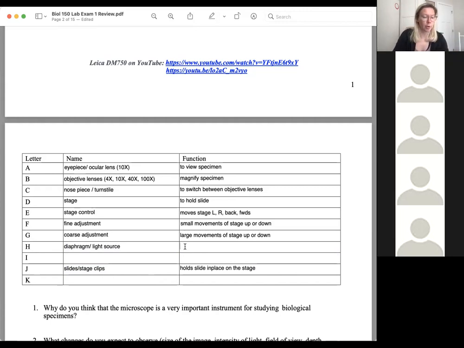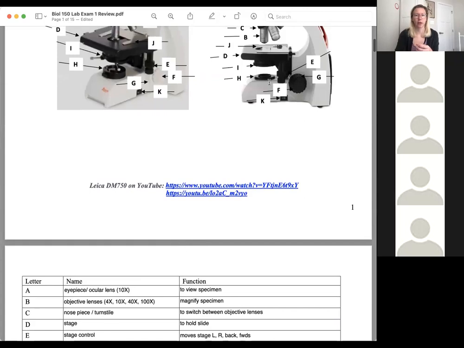Right, so a little bit more specific than that. We have our light source, our lamp in the base there, and right above it is an aperture, almost like a photo camera, that you can widen or tighten, and it's going to change how much light is coming up under the stage.